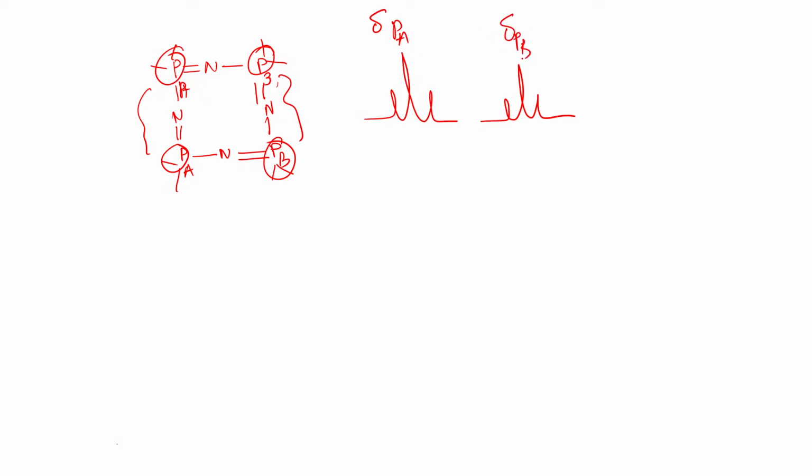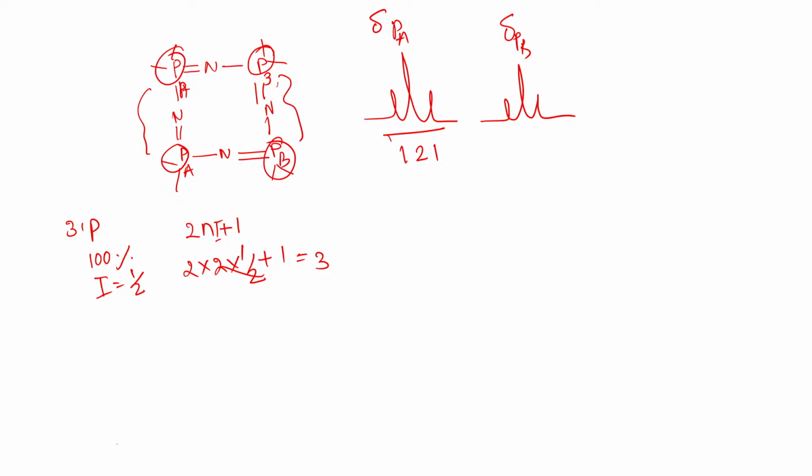If you do not understand this, just recall that these two are identical, and they are interacting with this one, two are there, so you use the simple 2nI plus 1 rule. 2 into 2 identical phosphorus are there and spin is half. 31P, you should remember, is 100% abundant, and nuclear spin I equals half, plus 1, so it gives 3 lines, 1:2:1. Then similarly for PA, the same thing holds good for PB as well.